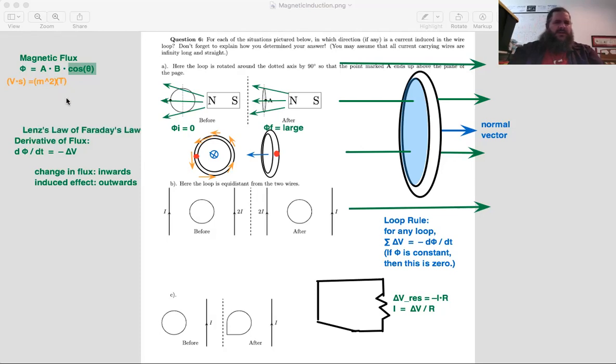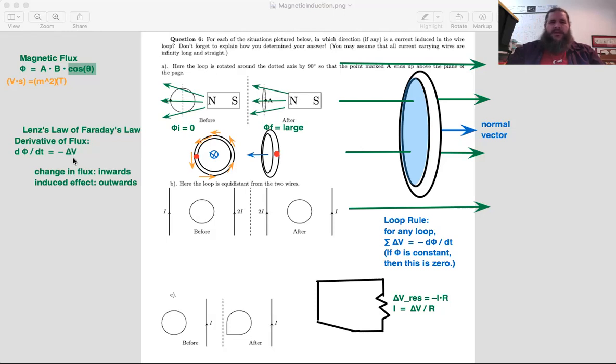If I understand correctly, one of them is the equation and the other one is explaining what the negative sign is. Sorry, what was that? I was going to say, I think it's Lenz's law. Okay. So that tells you that the derivative of the flux is the negative of the induced voltage.